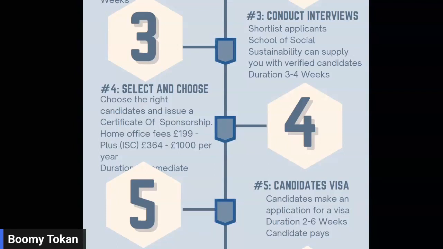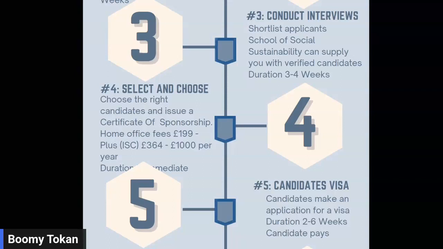The next step, number 4, is to choose, having done your interviews, those people that you are going to employ. Once you have selected someone to employ, and you've received your allocations, of course, then you can issue them with a certificate of sponsorship. You issue it on the portal that the Home Office will give you access to.